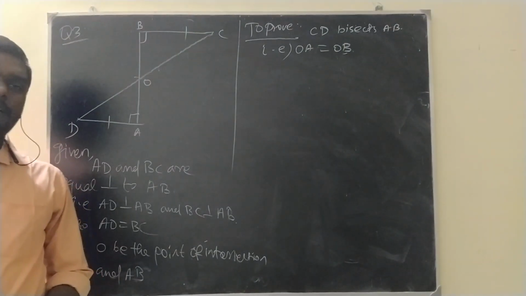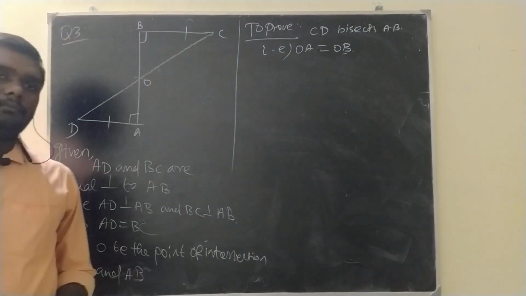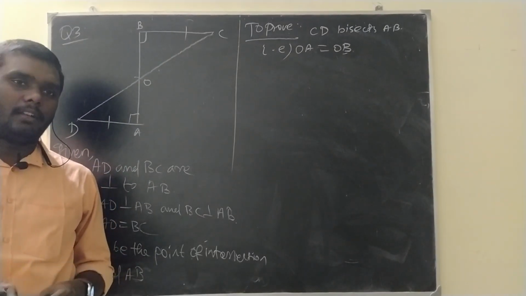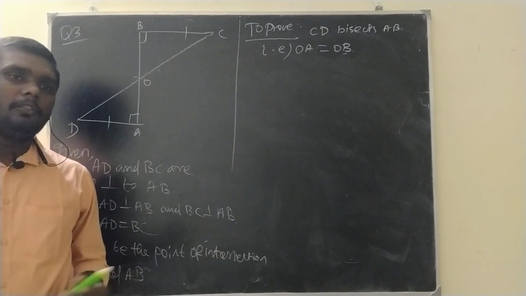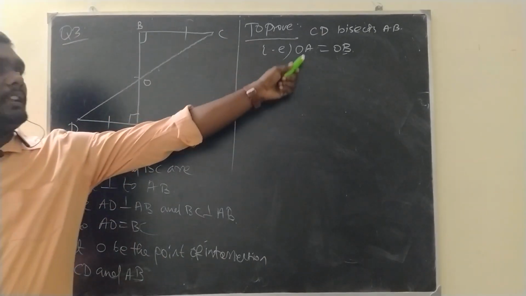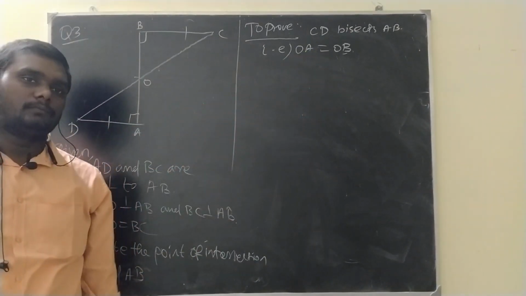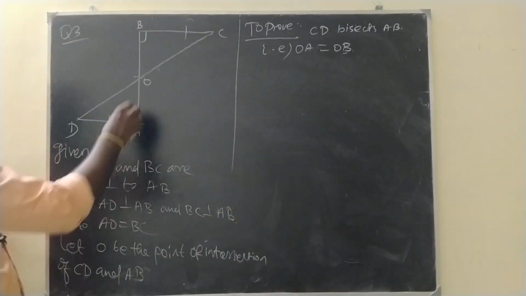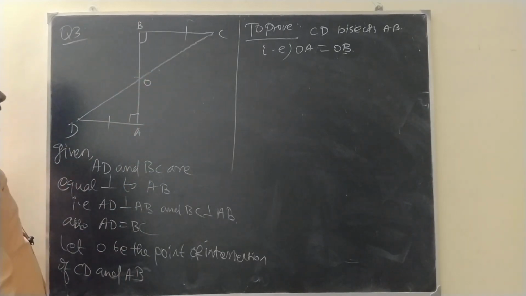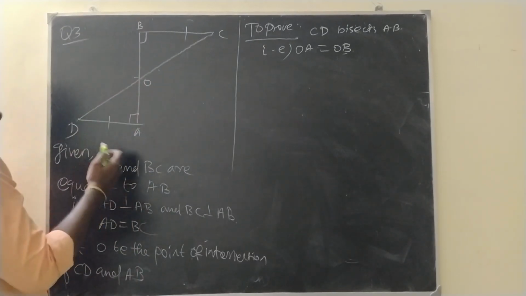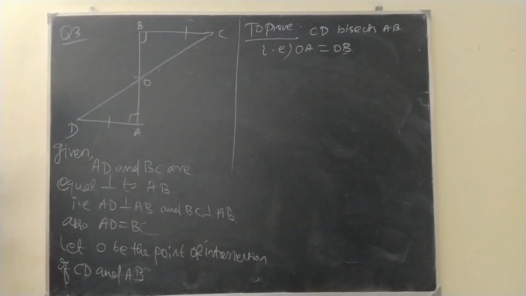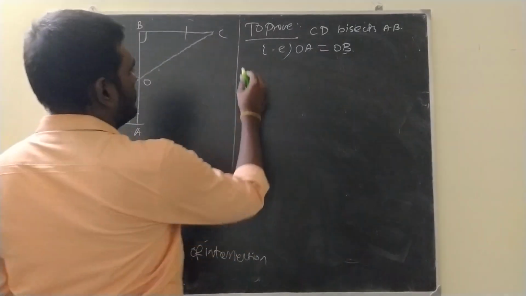How to make these two as equal? We have a tool called congruency of a triangle. We just make use of that and identify triangles which have sides OA and OB. OA is the side of triangle OAD, or AOD, and the side OB is the side of the triangle OBC.